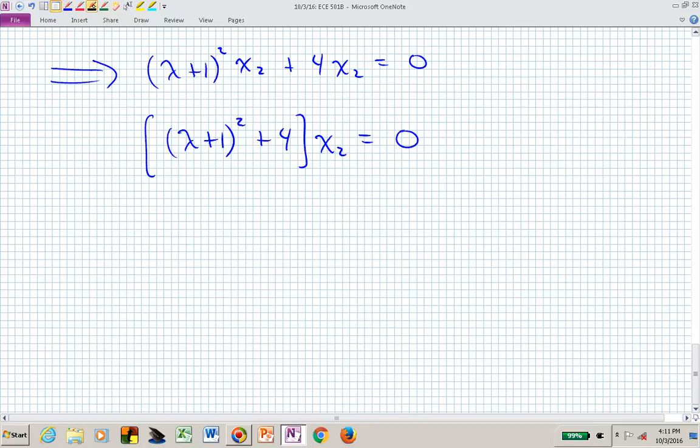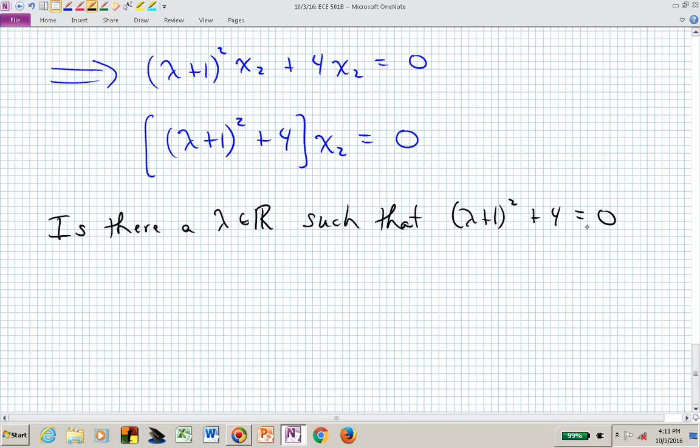And we're interested in the question, is there a real value for lambda? Is there a lambda that's real such that lambda plus 1 squared plus 4 is equal to 0? Is it possible to solve that equation for a real number lambda? No, there isn't.